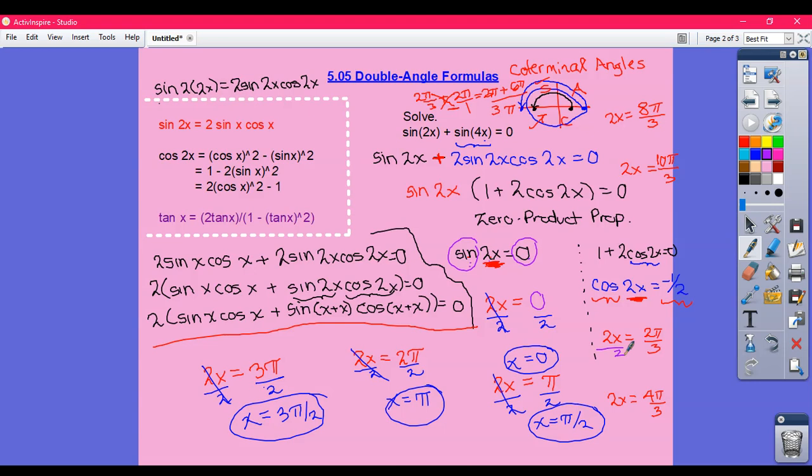So I'm going to divide by 2. I'm sorry it looks like a real mess here, but hopefully you're following along. X equals 2 pi over 3 divided by 2. Okay, so basic fractions again. We don't divide fractions. We keep, change, flip. So I'm going to keep the 2 pi over 3.